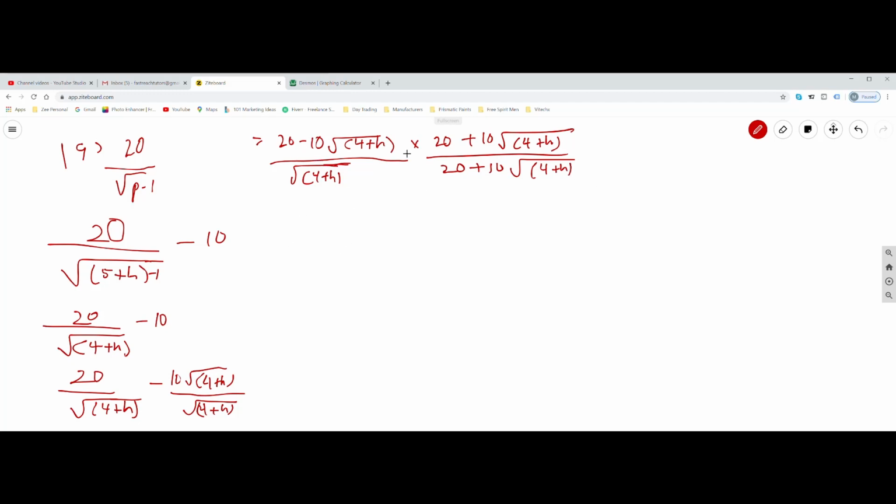So you get 20 times 20 is 400. Then 10 times 10 is 100.